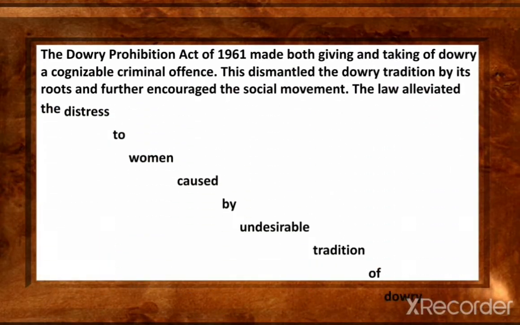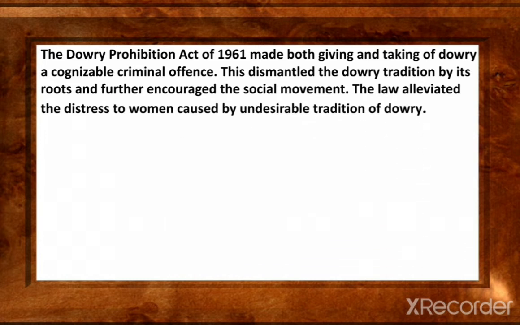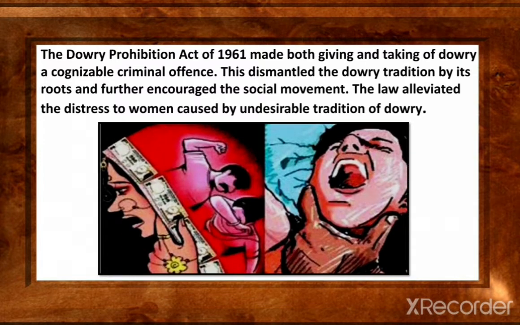Now let's have a look at the Dowry Prohibition Act. Even after the enactment of the anti-dowry law, incidents like a woman burning to death as her sari pallu catches fire while cooking, or a woman slipping into a well while washing clothes, drowning and dying, continued to be reported.